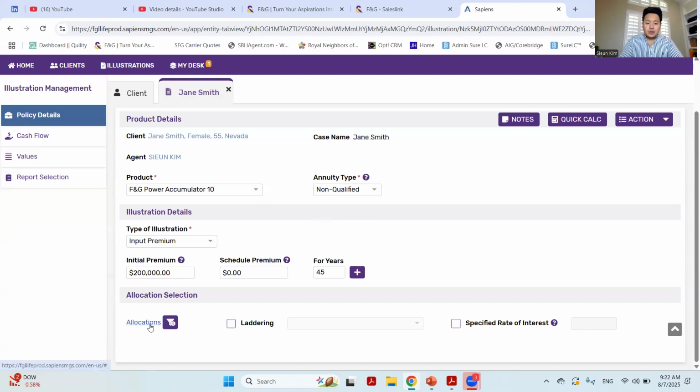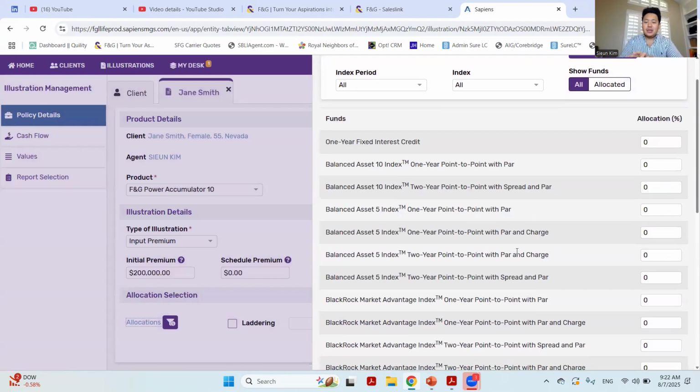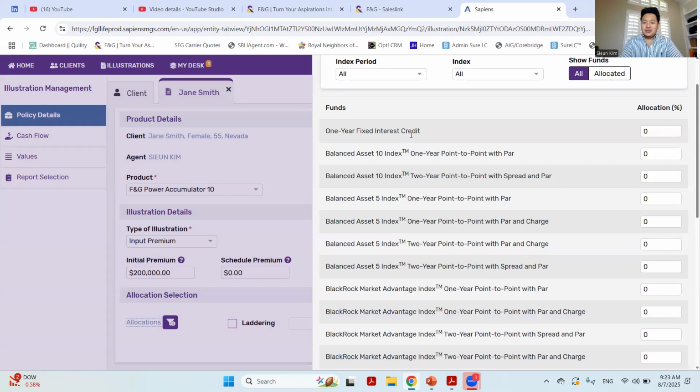And allocations, when you go to the allocations, these are the different investment options inside of the annuity. Starting from a fixed interest credit, meaning that the client gets a flat rate of 3.7, 4.0, depending on what the fixed interest rate is for that year, that's what the client will get.